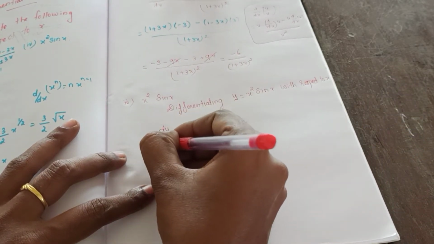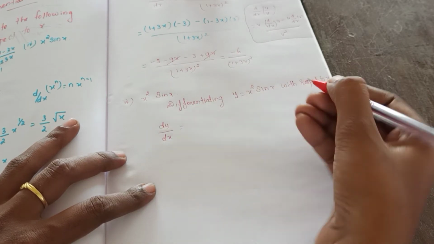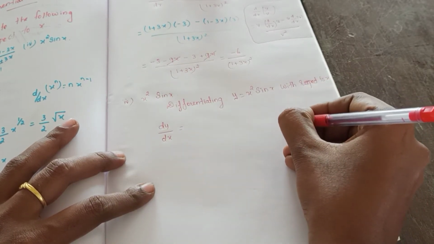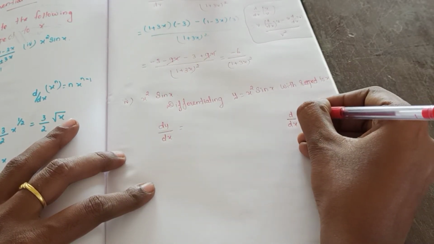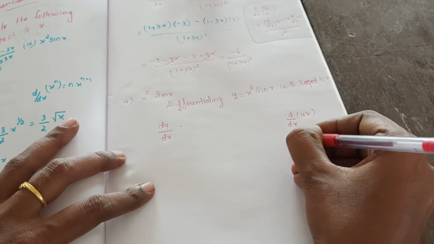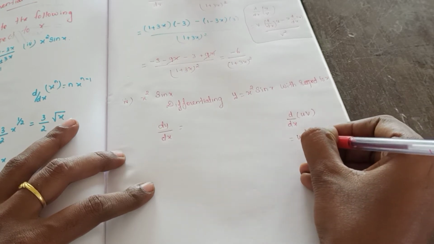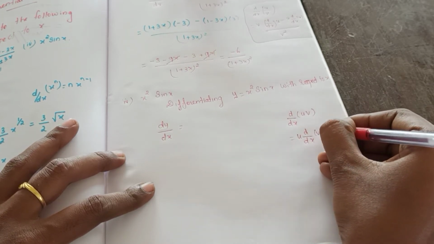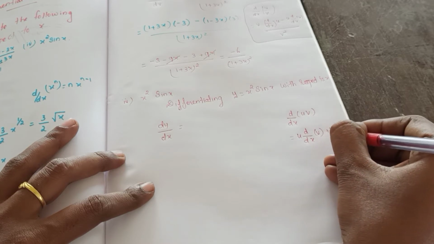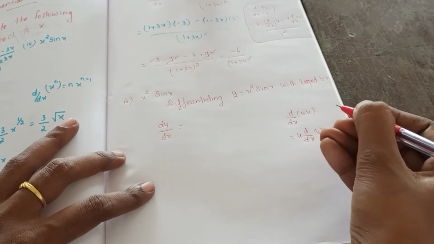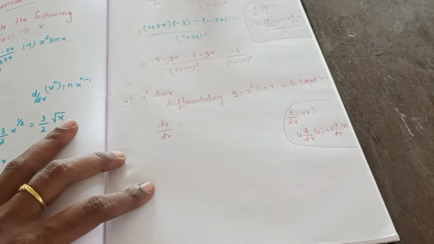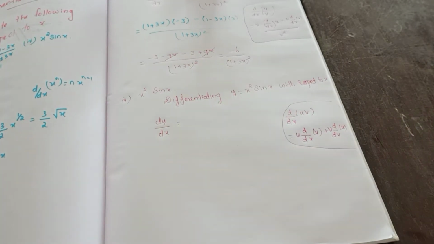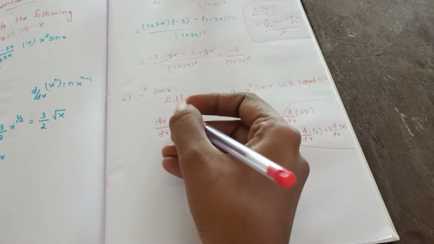So dy by dx is equal to, same as that one formula you have learned, d by dx of uv equal to u into d by dx of v plus v into d by dx of u. Okay, so this formula we will use here.